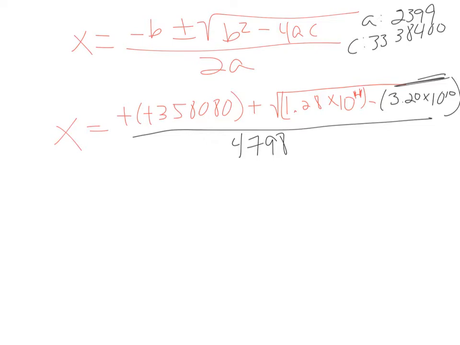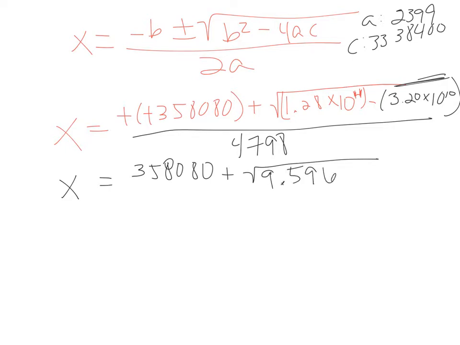So I have x equals 358,080 plus the square root of 1.28 times, nope, having calculator problems, 9.596 times 10 to the 10th, all over 4,798, and we're going to need the square root of this.